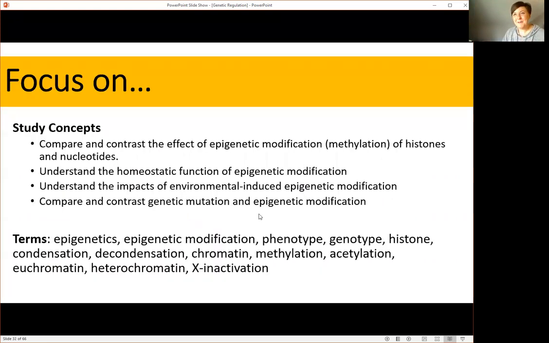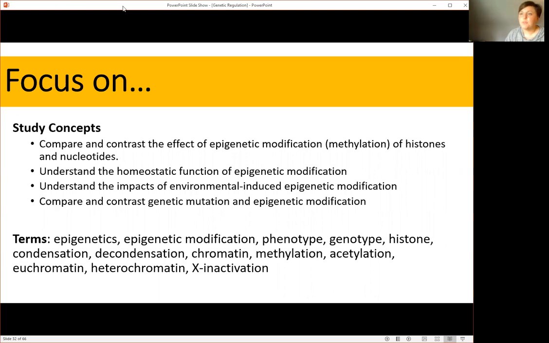From this lecture, make sure that you know the terms epigenetics, epigenetic modification, phenotype, genotype, histone, condensation, decondensation, chromatin, methylation, acetylation, euchromatin, heterochromatin, and X inactivation.